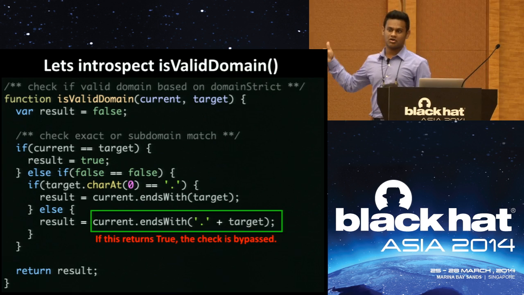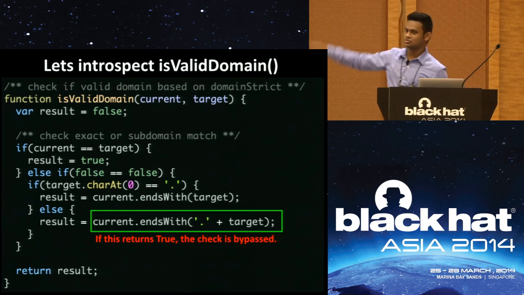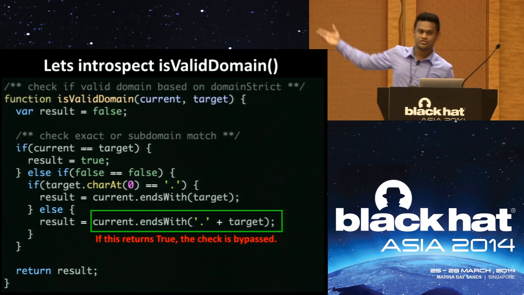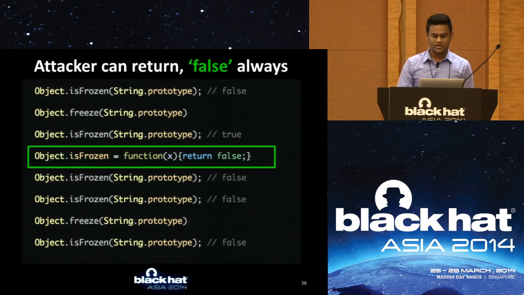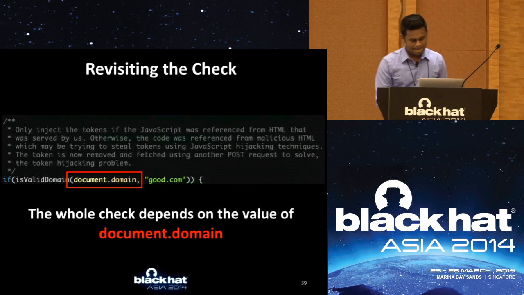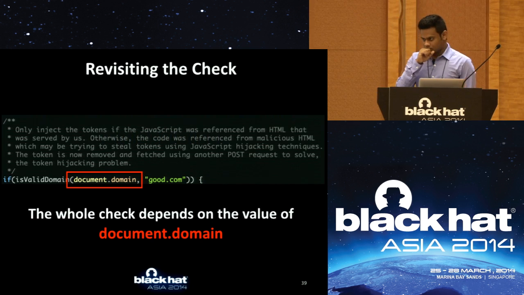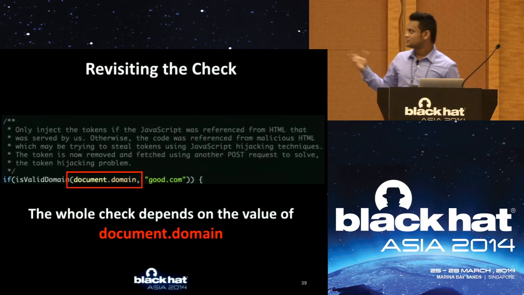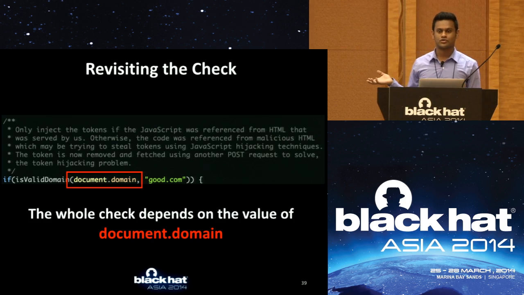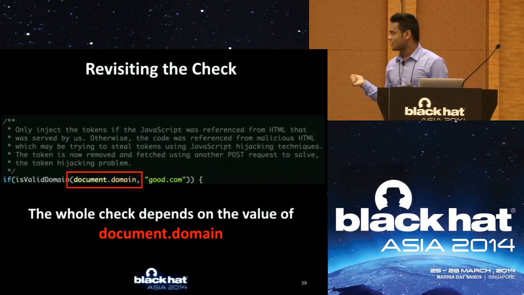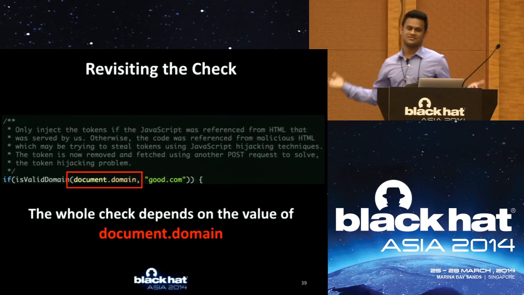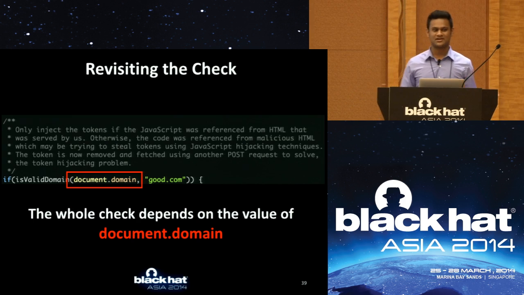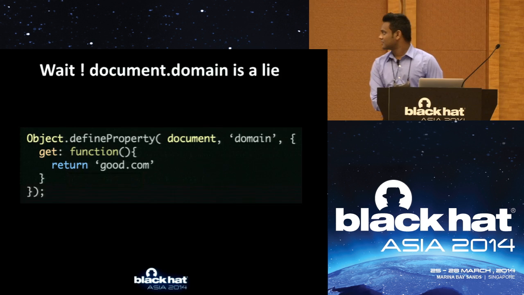If the administrator of the CSRFGuard has turned it off, then it wouldn't even come to this condition, right? So this might not work always. So let's try and find a way to completely bypass it. We initially saw that the isValidDomain is also dependent upon the value of document.domain, okay? So as you can see, the whole security check is, I'm pretty sure you guys are already guessing it, but yeah.